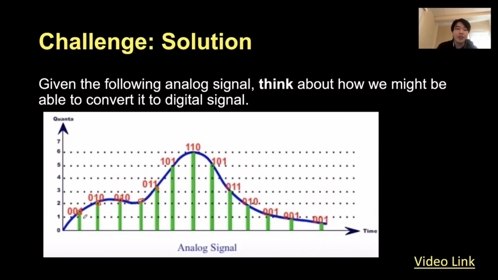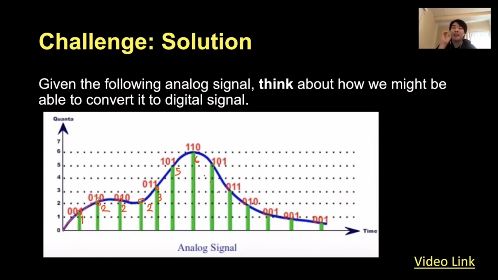So I can write here, this value is 1, this value is 2, this value is 2, this value is 2, this value is 3, and for example, this value is 5, right? And I guess this value is 6, and so on, right? So at each sampling position, each one has a value. Now, even though there's value between here to here, here to here, we don't really care.